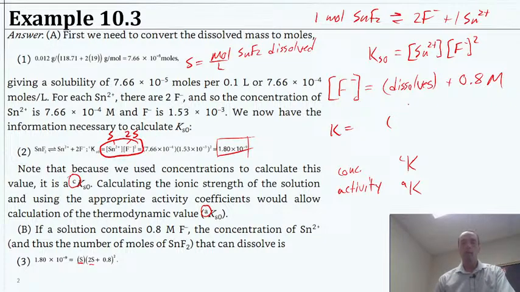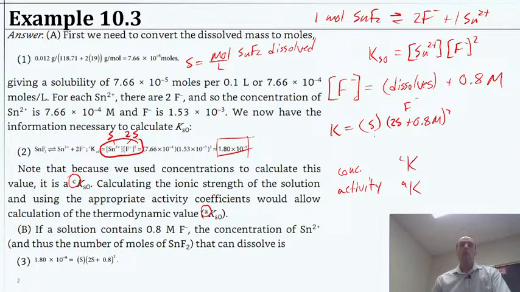So instead of F minus here, we're going to put in 2S plus the 0.8 moles per liter. That term will get squared, and we also have the S from the tin. Okay? I think that's how we're going to get to this equation here. Does that make sense? Okay. All right. Apologize for my lack of clarity on that.